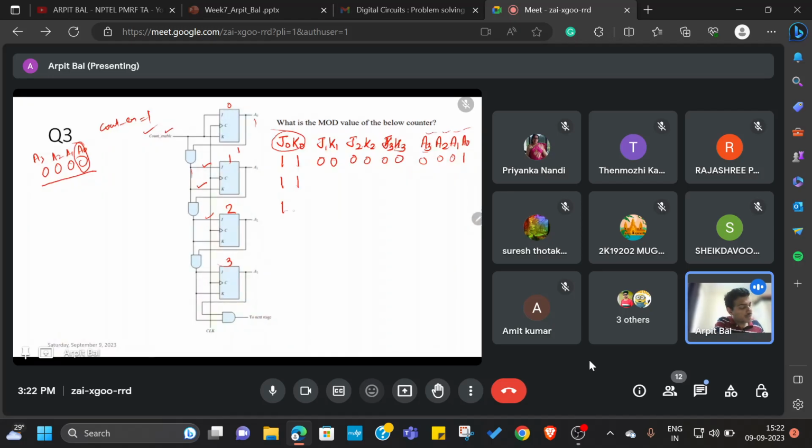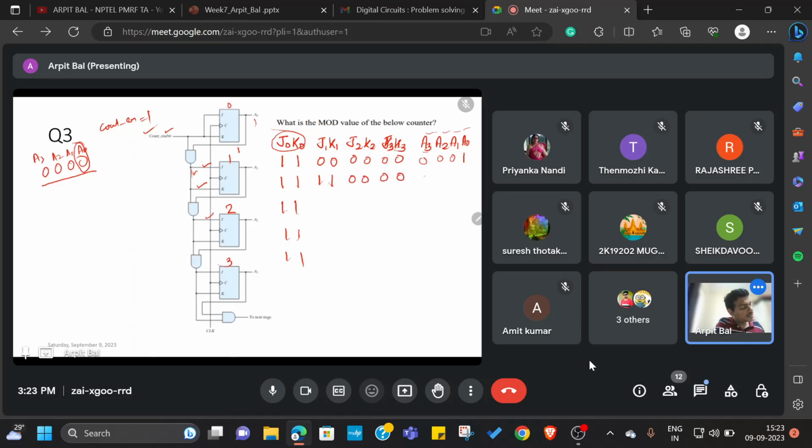Even if I write J0 K0 equals 1 1 for everything, it is going to be the same. Now what happens to J1 K1? Because A0 is 1 and count enable is already 1, J1 K1 becomes 1 1 in this case. But A1's value is 0, so the rest of the J and K inputs are going to be 0.